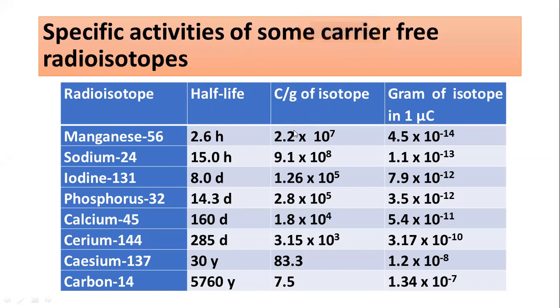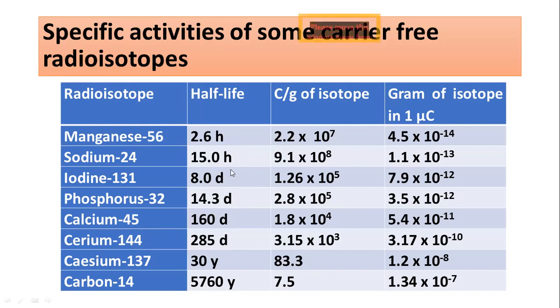That means the activity, curie per gram of all these radioisotopes, is going to give you the radioactivity. It doesn't matter how much the half-life is. Sometimes half-life is large and the activity is small, and sometimes this relation may be reversed. But this will give you the idea of the appropriate use of these radioisotopes, because at the end of the course we will be using these radioactive isotopes for some specific applications.